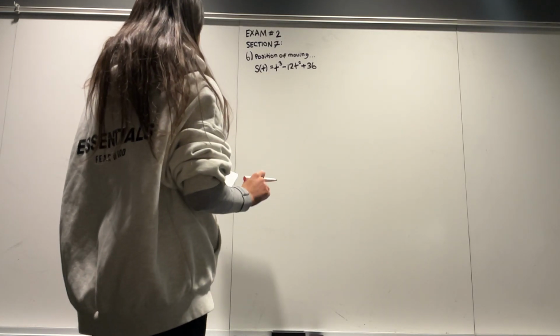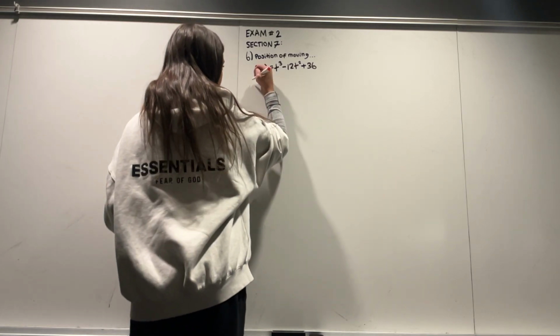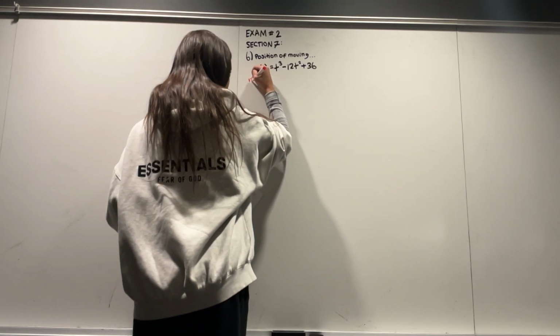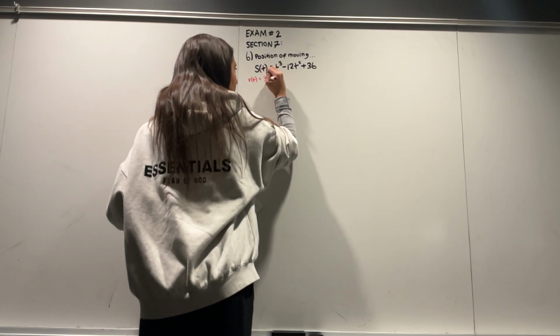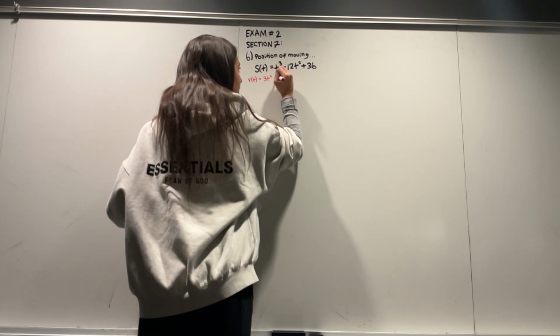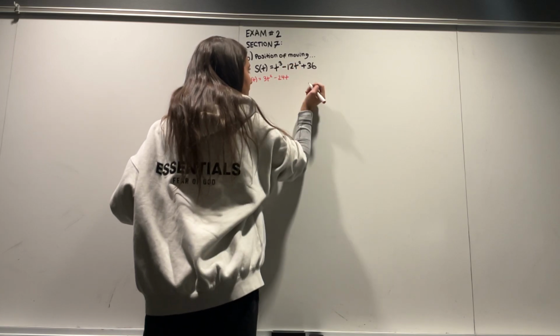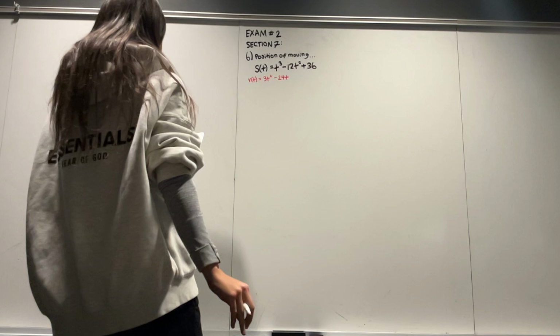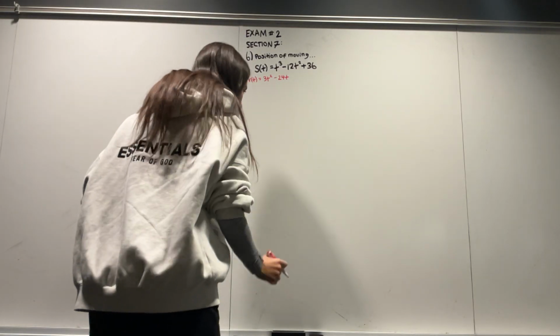We're trying to find the first and second derivative, and the first derivative is velocity, so v of t is 3t squared minus 24t plus 36.